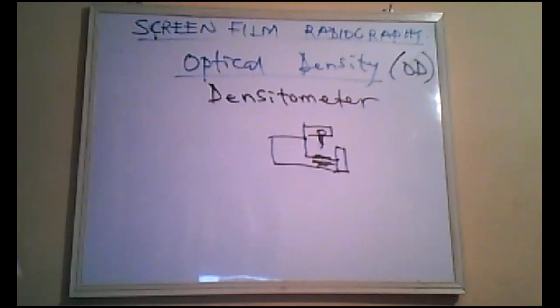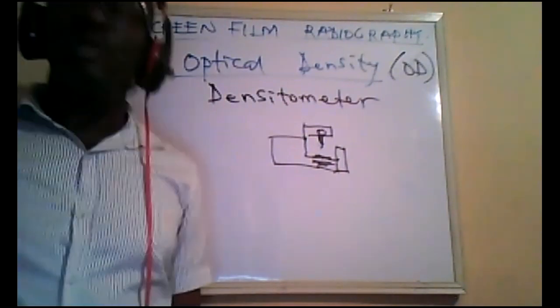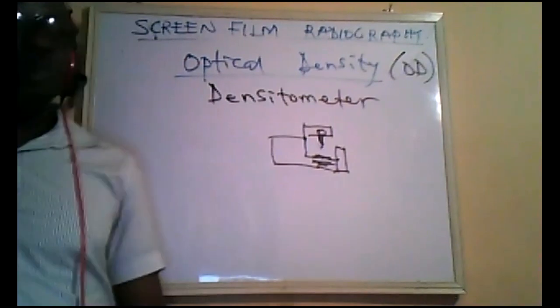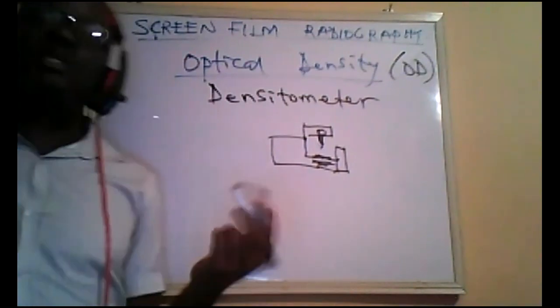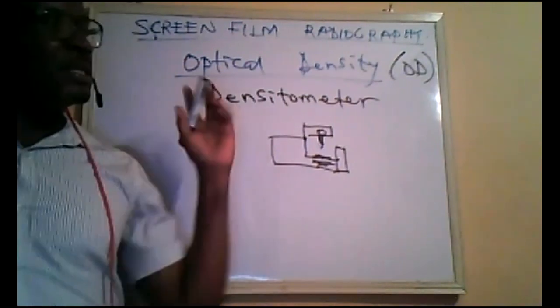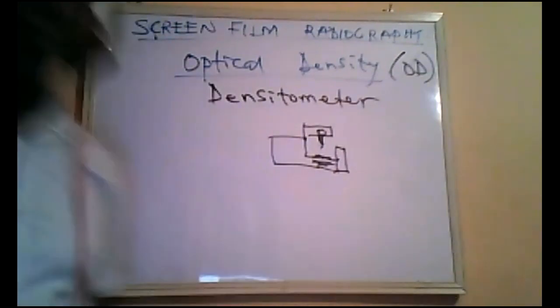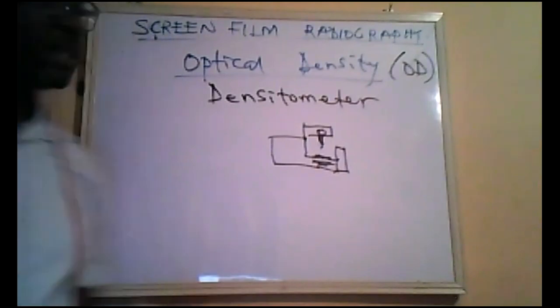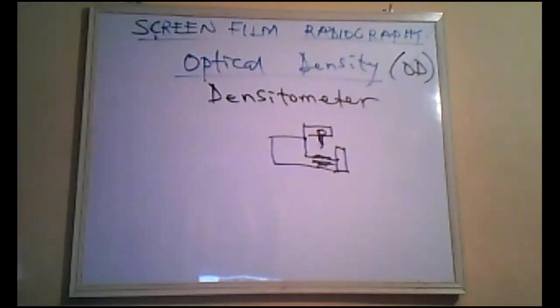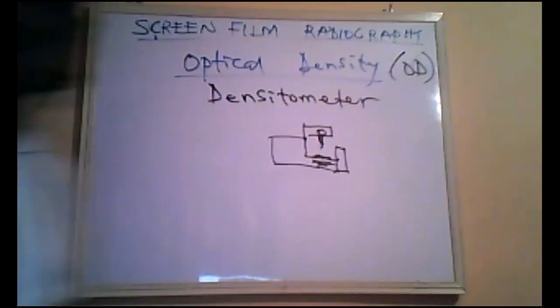If you use so many X-ray photons on a film, it's going to give us some value of OD, maybe around 2 and so on. But if you use lighter photons, not too energetic, to shine on the film, it's going to give you a low range value of optical density.